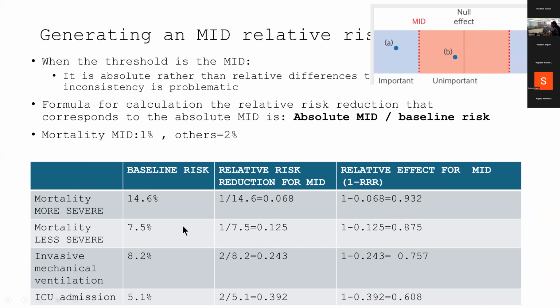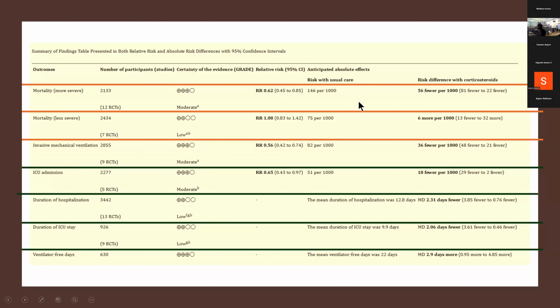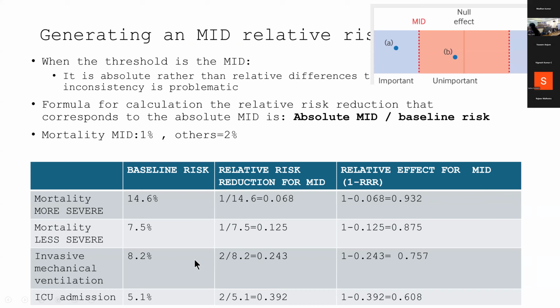You saw this, mortality, 14.6 is the baseline risk. You divided that into 1. So just look at the baseline risk. Here you have your risk with usual care, which is how much? 146 per 1,000. In percentage, how would you present that? 14.6. MID is taken as 1%. So 1 divided by 14.6 is 0.068.